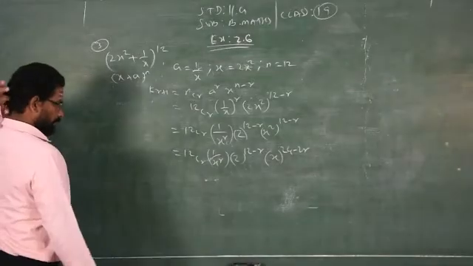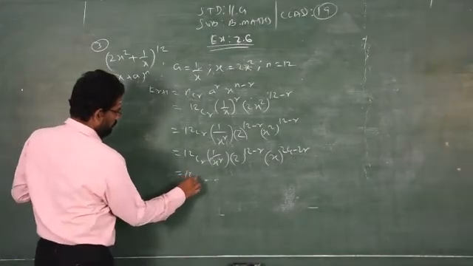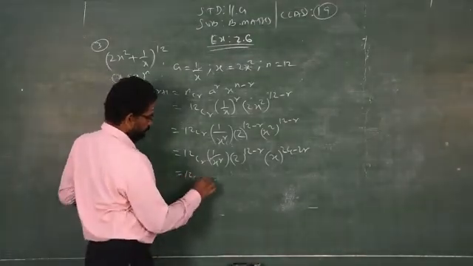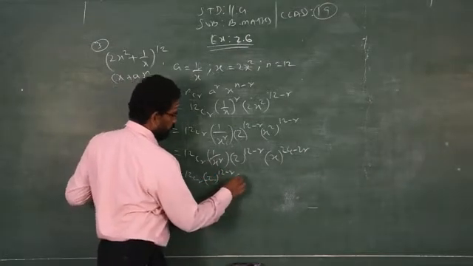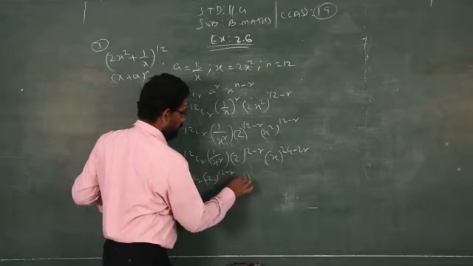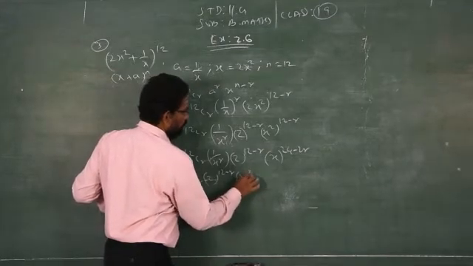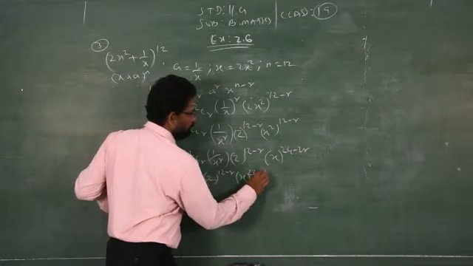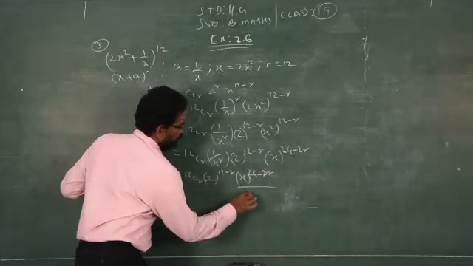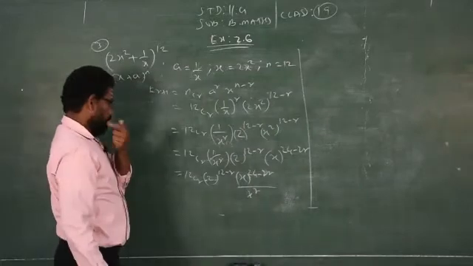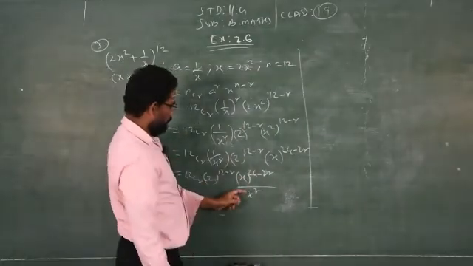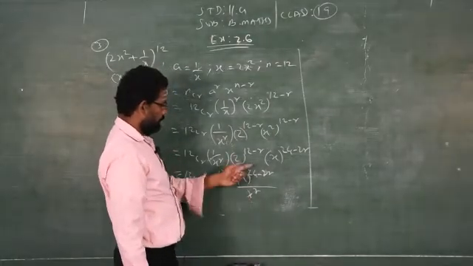See, I just separated it. Now you have to group, as in the usual method, x power 24 minus 2r by x power r. Clear? This is the algebraic method, a power n by a power m.